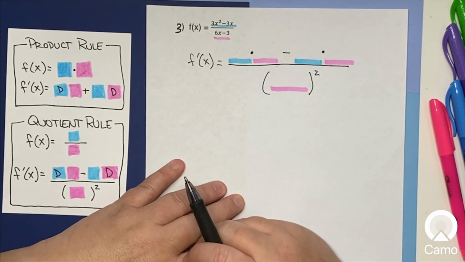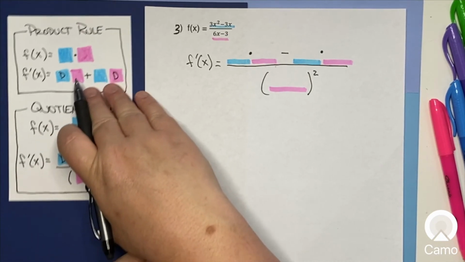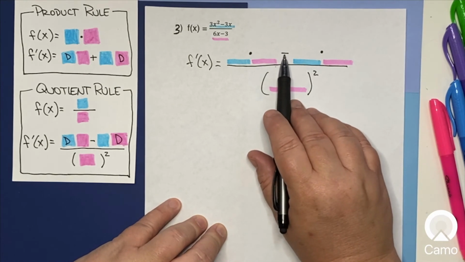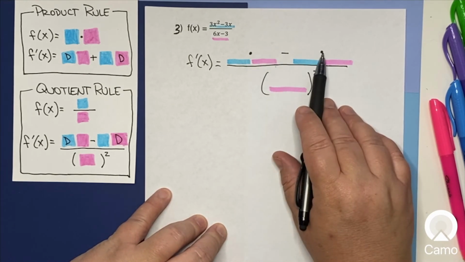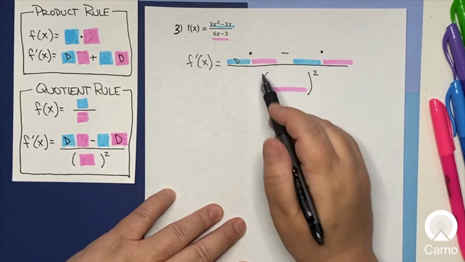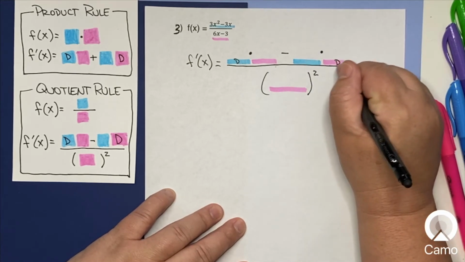Okay, I'm going to stop saying axolotl, and I'm going to come back to the math, which is to remind you that in a quotient, we've got this little mouth, which is our subtraction. We've got multiplication here, and we're going to start off with the derivative of the top times the regular bottom, and then the regular top times the derivative of the bottom.